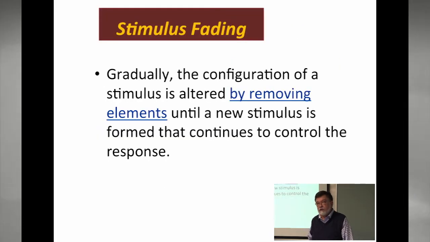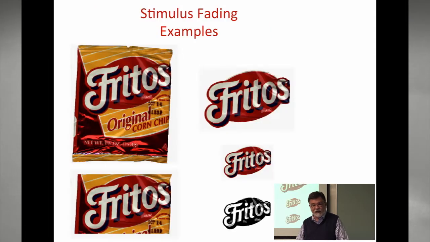Well, the other option that we have available is referred to as stimulus fading. And in stimulus fading, gradually the configuration of a stimulus is altered by removing elements until a new stimulus is formed, which continues to exert control over the learner selecting that symbol. Here's my example.